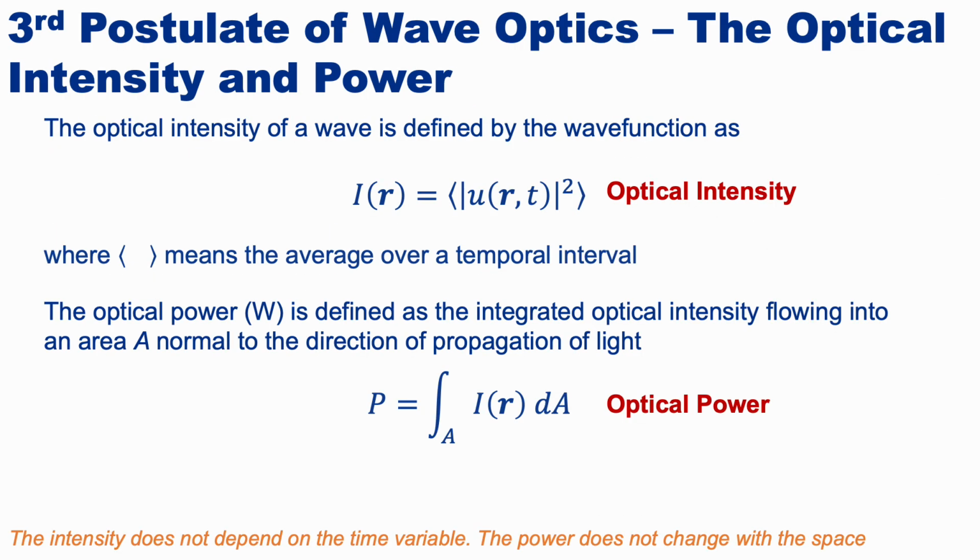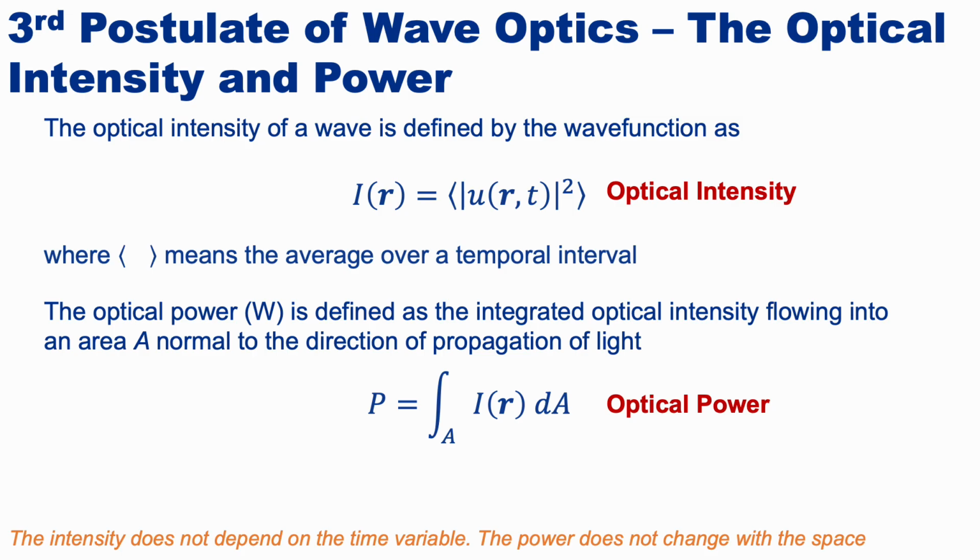The third postulate is about how intense or powerful the wave is, the intensity of the light. We define the optical intensity as the average over a temporal interval of the modulus square of the wave function.